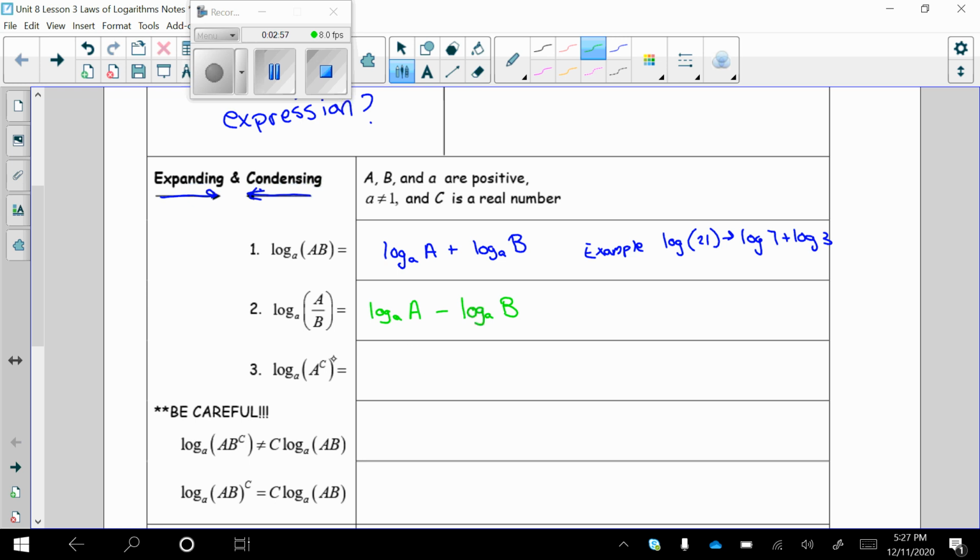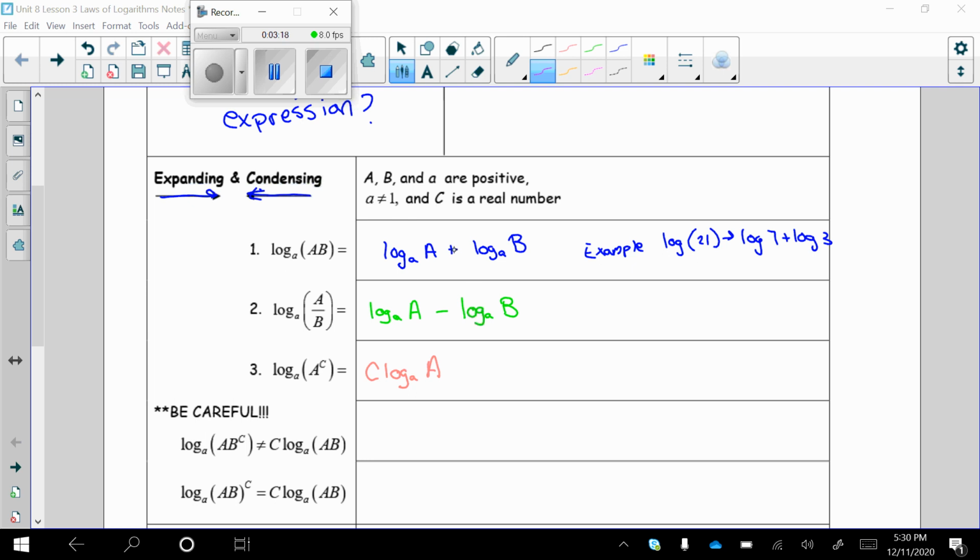That is because power to power, and we have a log, which is an exponent, raised to another exponent, we're actually going to multiply. And so we can move the c out to the front and multiply them. So c times log base a of a.